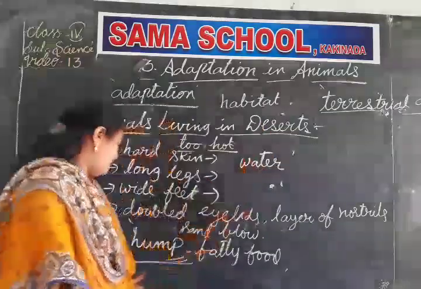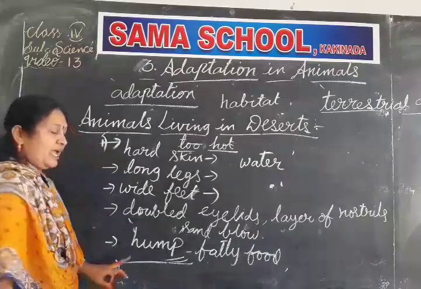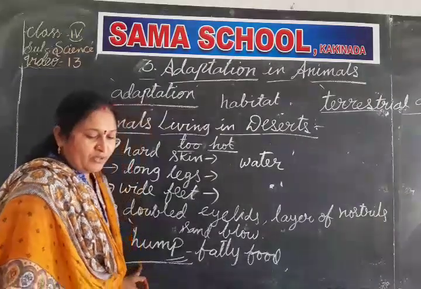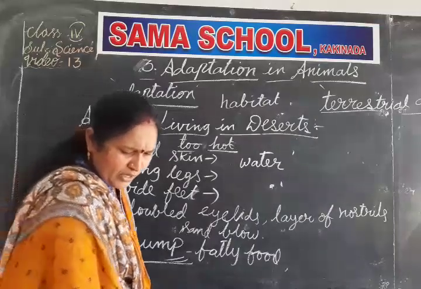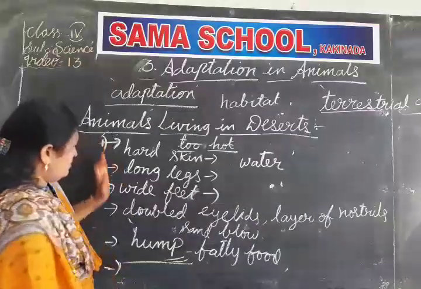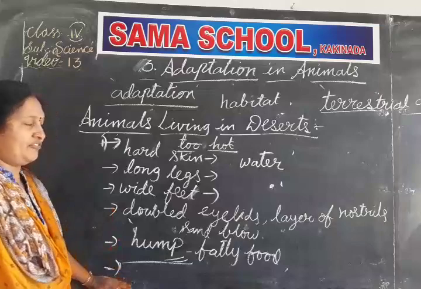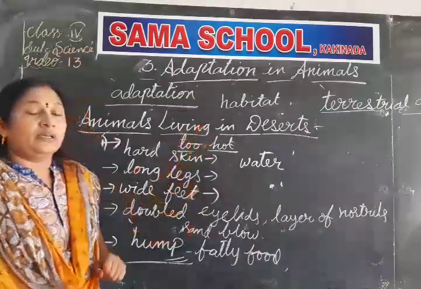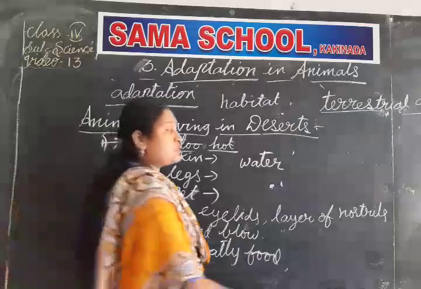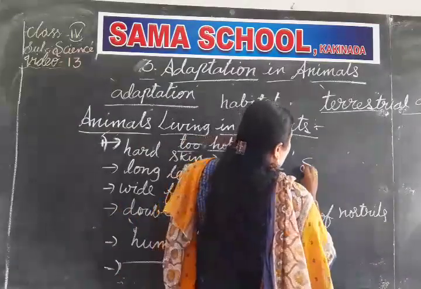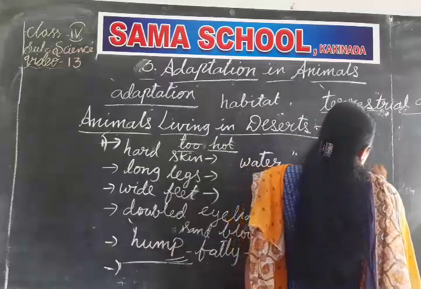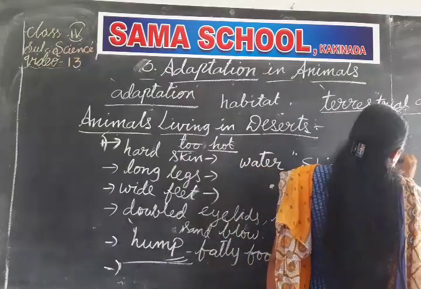Okay, and this is the feature. This camel lives in the desert. So these are the special body features by which the camel can survive in the desert. This way, the camel is also known as the sheep of the desert.